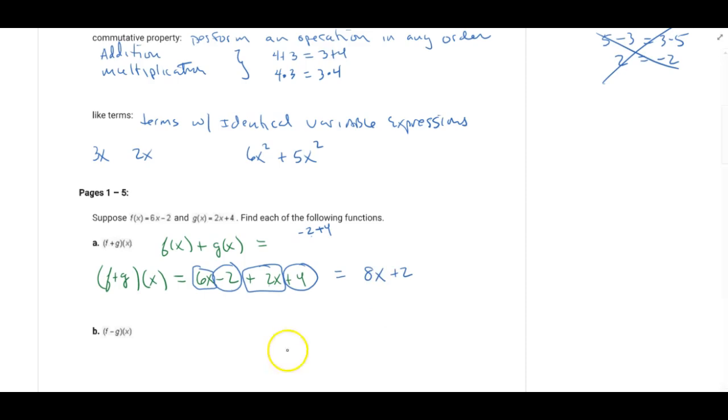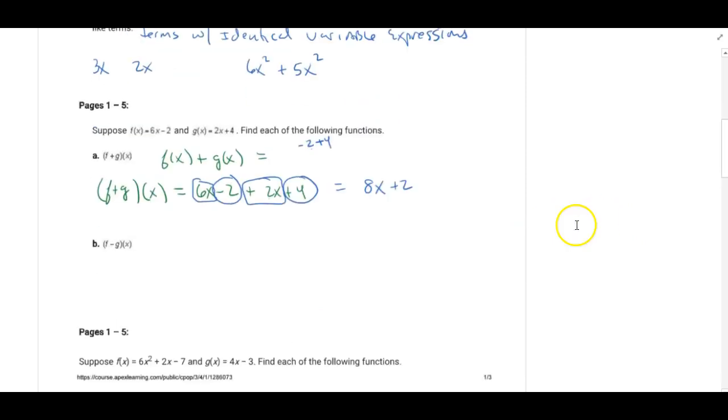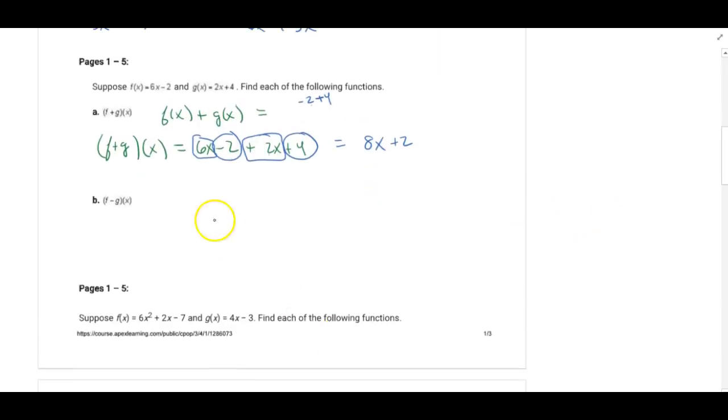However, when I subtract these functions, it's a little different, not much more difficult. Okay, when I subtract them, I'm basically going to take f of x, which is 6x minus 2, and I'm going to subtract g of x, which is 2x plus 4. The only difference between adding and subtracting is before I subtract, I have to distribute the minus sign.